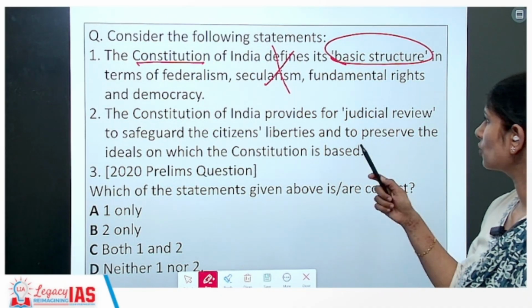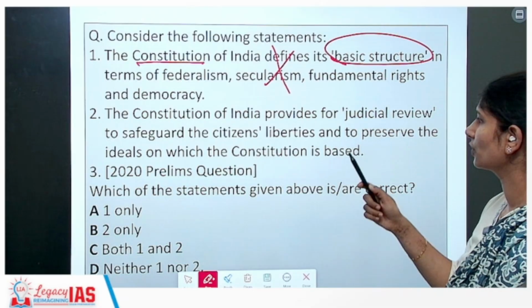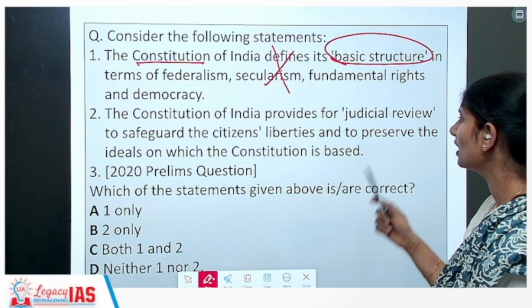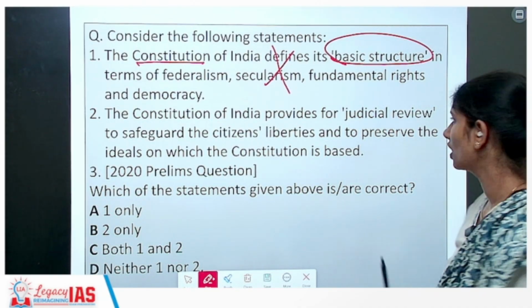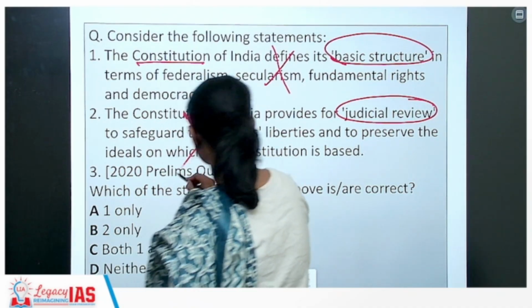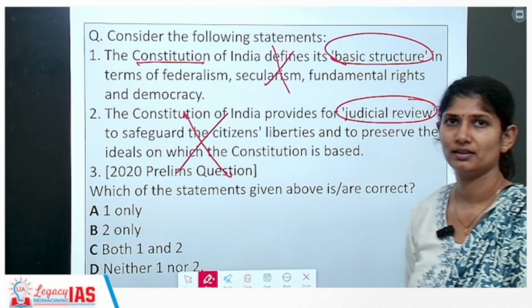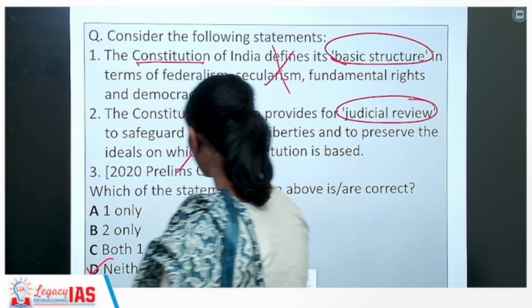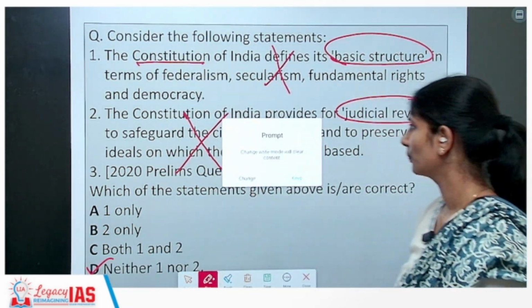Second statement, the Constitution of India provides for judicial review to safeguard the citizen liberties and to preserve the ideals on which the Constitution is based. So even here, they do not have the term judicial review at all. Understanding? So the correct option will be D, neither 1 nor 2. Understanding?